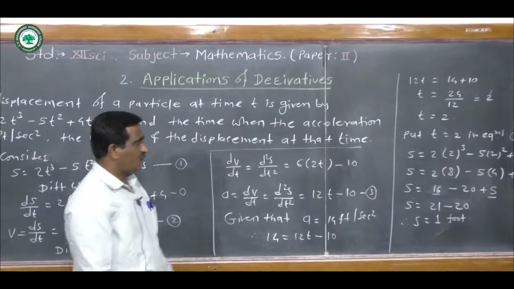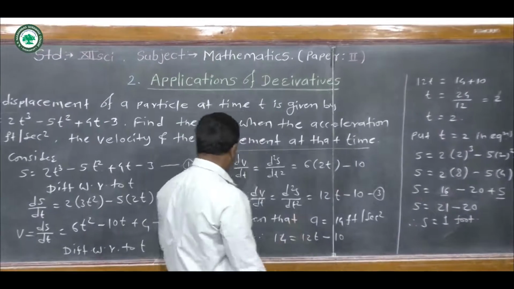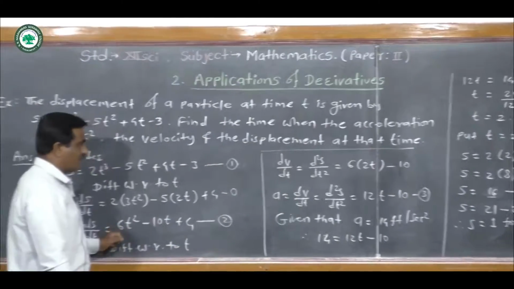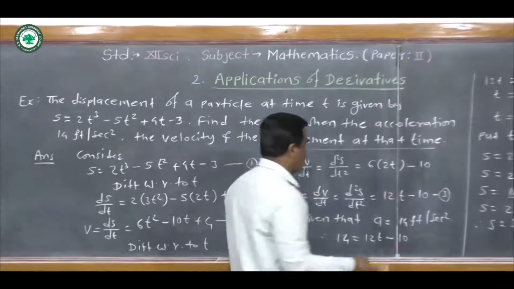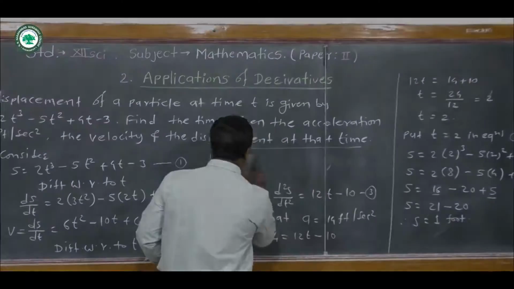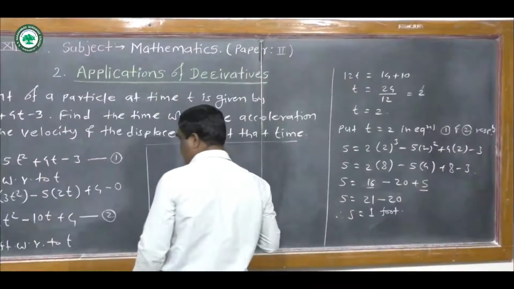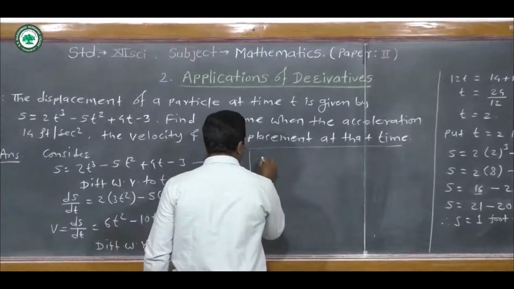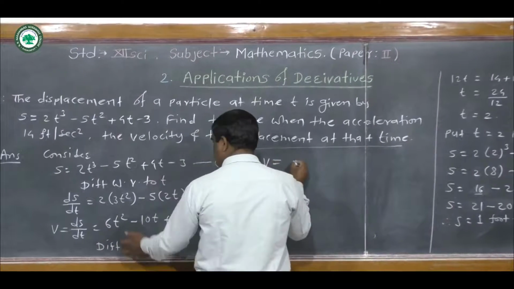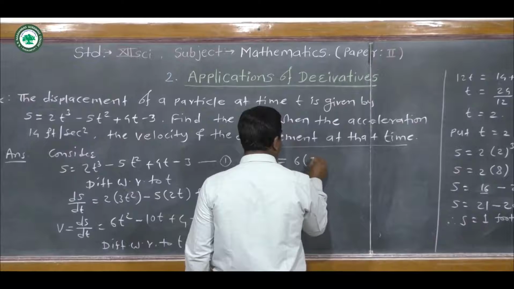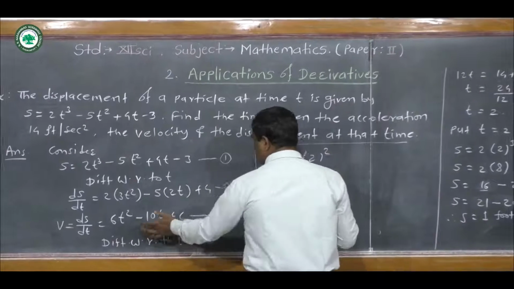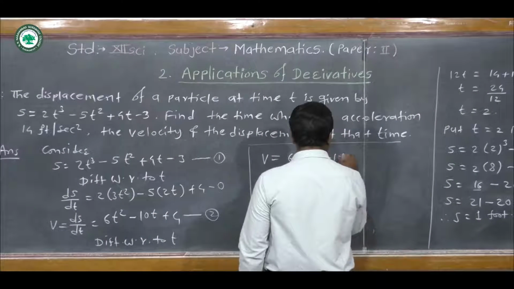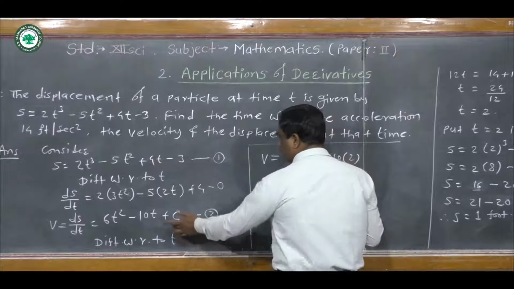Now put t is equal to 2 in equation number second. Now we can write velocity here. v is equal to 6 into t square, that is 2 square, minus 10 into 2, plus 4.